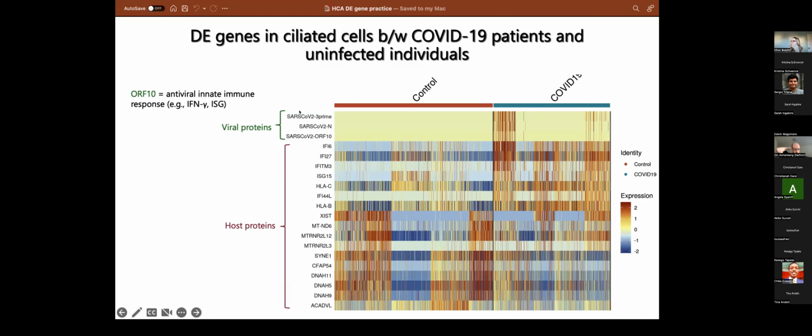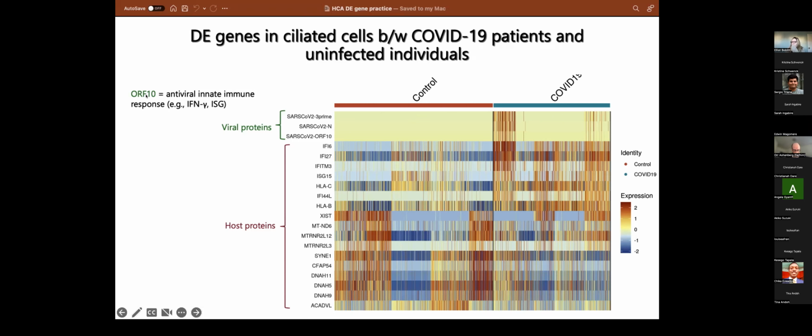The first one is likely a reference sequence that I used, and the next one is nucleocapsid and then open reading frame 10. As you can see, these viral proteins are absent in the control patient, but of course present in the COVID-19 patient.